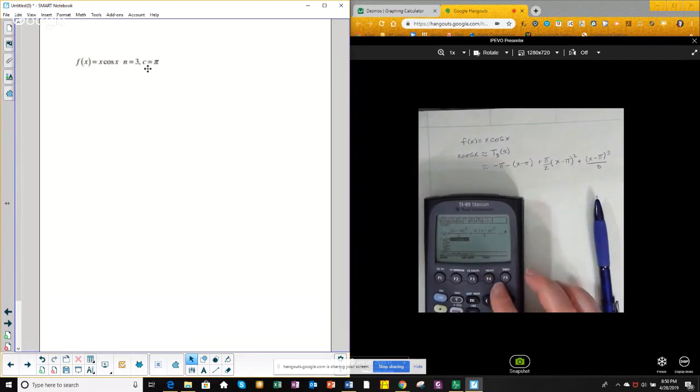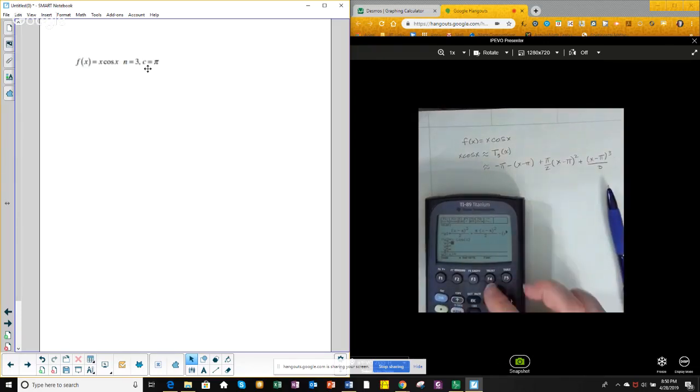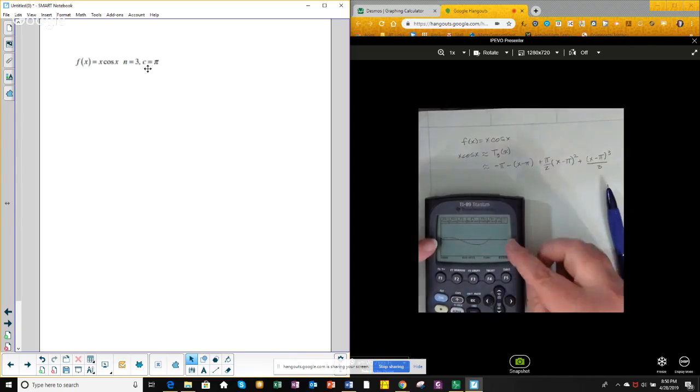Whoop, that's going to be F6. Change the style. And I'm going to make it thicker so we can actually see the original function. All right, so this is the Taylor polynomial, third degree, that it's graphing out. And remember, I set my window from 0 to 2 pi so that we could see the center.